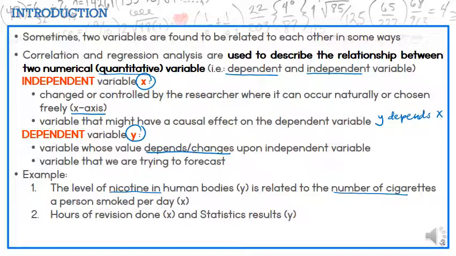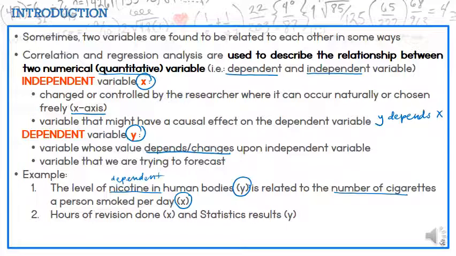So nicotine is your dependent variable Y. And the number of cigarettes smoked per day will be your independent variable X. Again, level of nicotine depends on the number of cigarettes smoked. So, level nikotin dalam badan logically bergantung kepada berapa banyak bilangan cigarette yang you smoke per day.